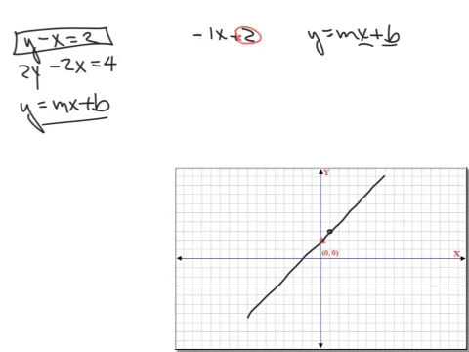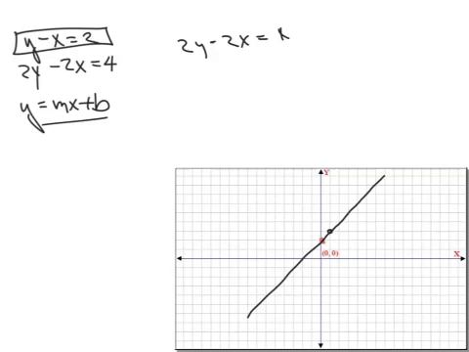Alright, let's look at the second equation. 2y minus 2x equals 4. I want to get it in y equals mx plus b form, right? Doesn't look like it. Okay, that means I'm going to have to get the y by itself. So 2y equals 2x plus 4.